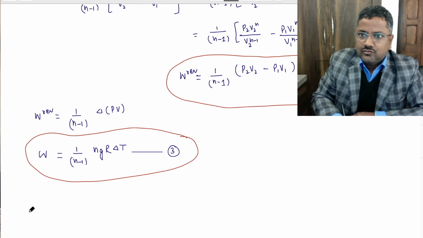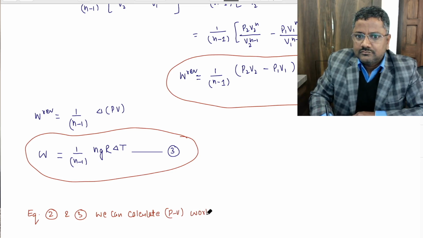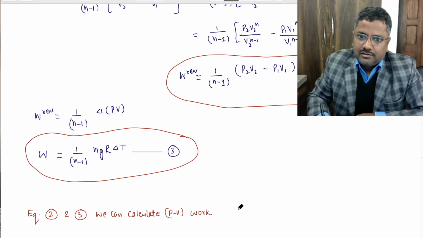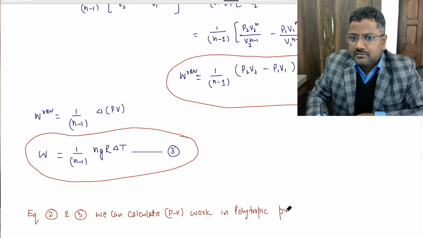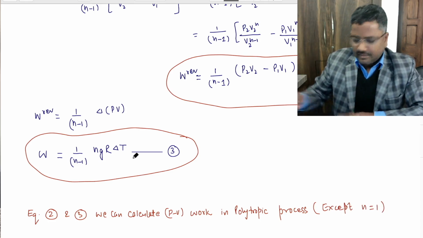So from equation 2 and 3, we can calculate PV work in polytropic process, except n is equal to 1, right? So you can calculate this.